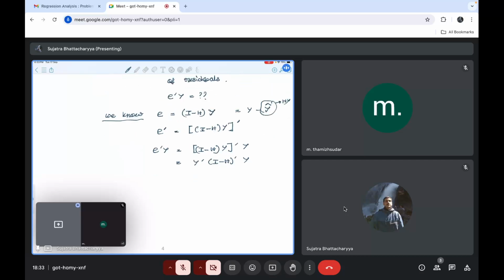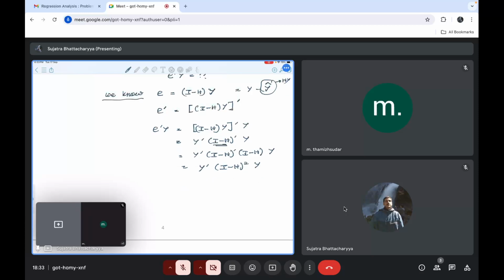What I do next is multiply with I minus h in between. I can do this only because I minus h is an idempotent matrix. So this will ultimately give you I minus h whole square, which is actually equal to I minus h because of the idempotent property.